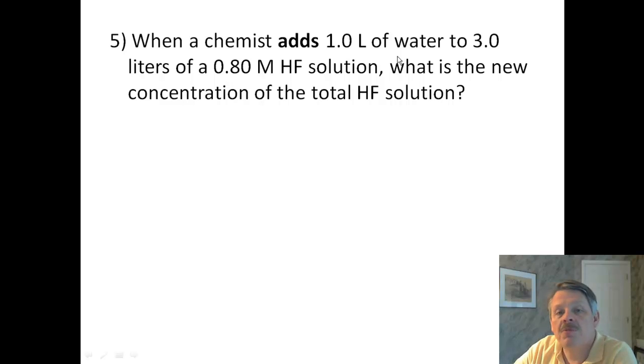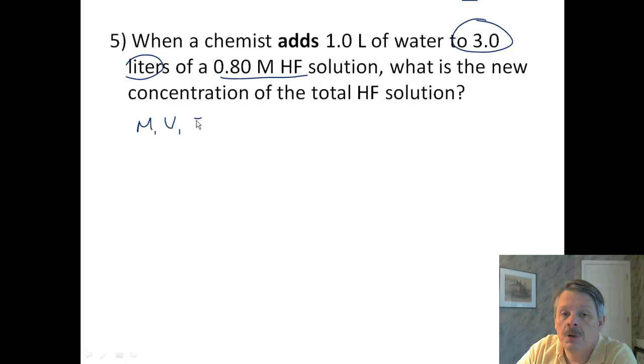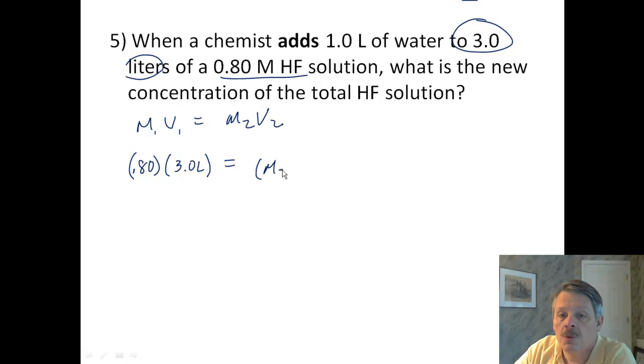How about number 5? We are taking something that is starting with 3.0 liters of 0.8 molar hydrofluoric acid. So M1V1 equals M2V2. M1 is 0.80, V1 is 3.0 liters, and our final molarity is what we want to figure out.